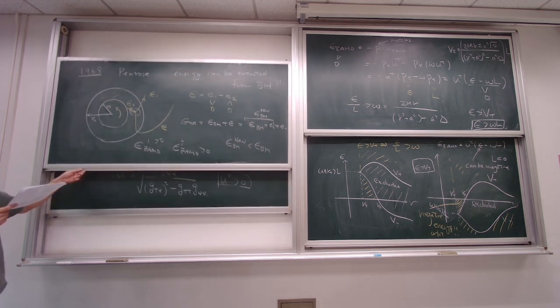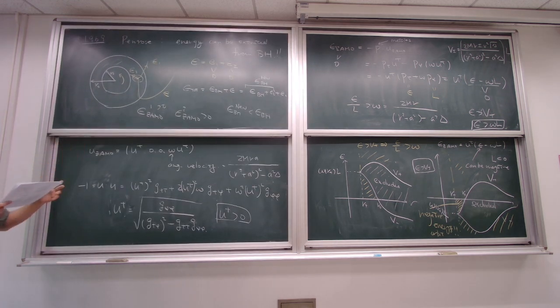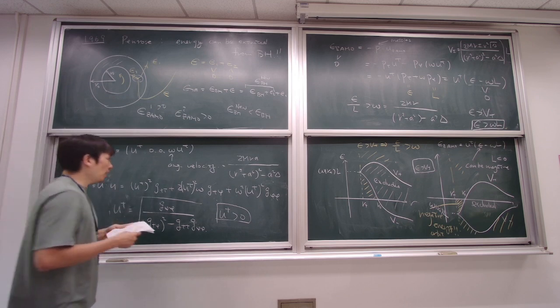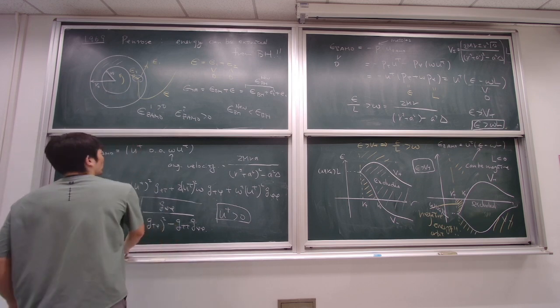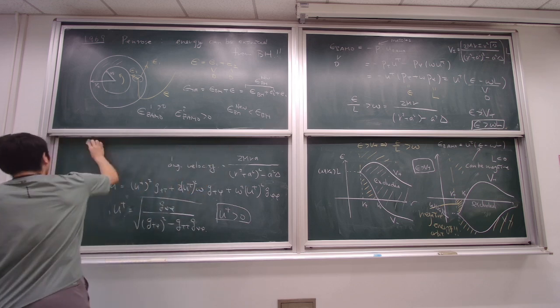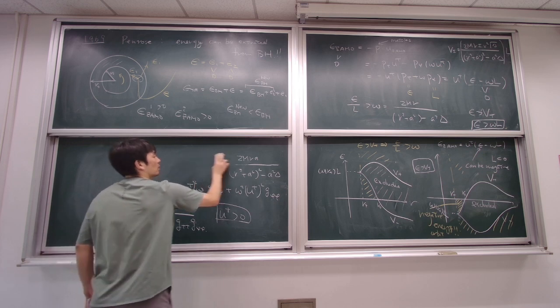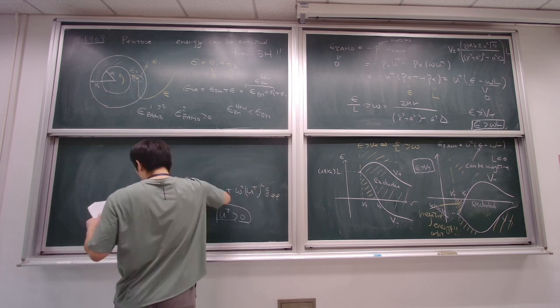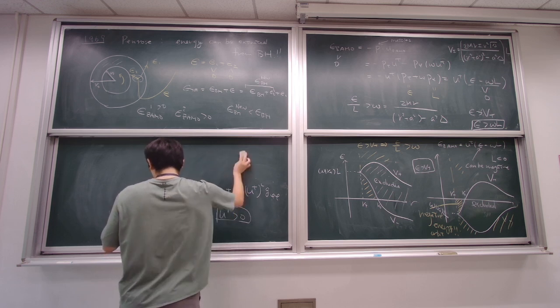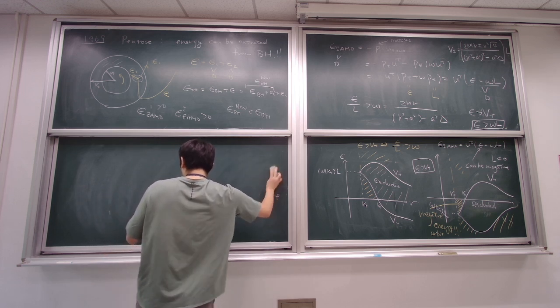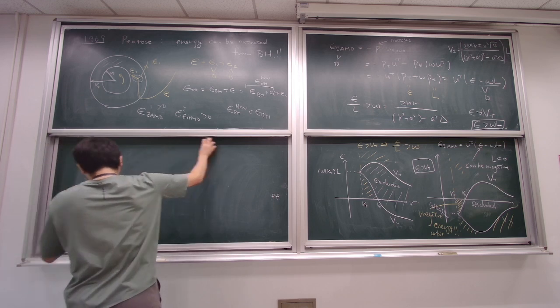Penrose considered this: can you extract the entire energy from a black hole? The question is, this is not the case. To answer this question, one can consider the following.